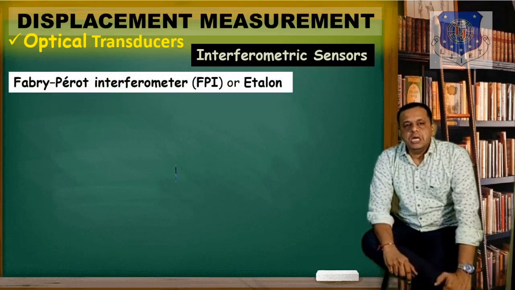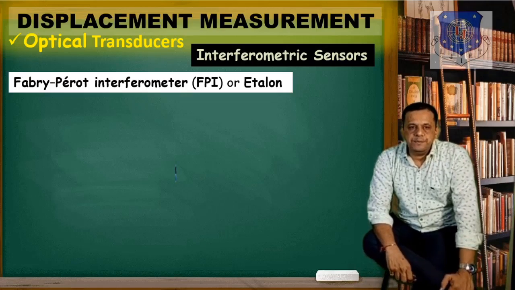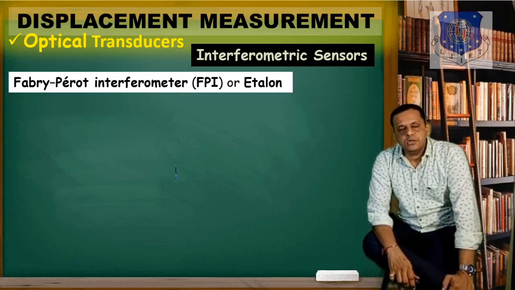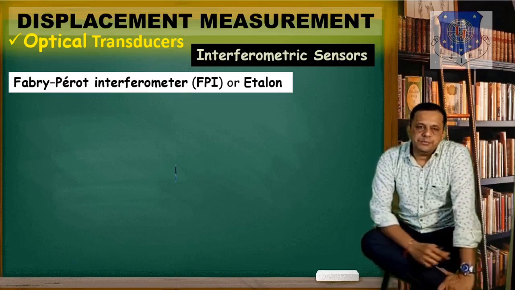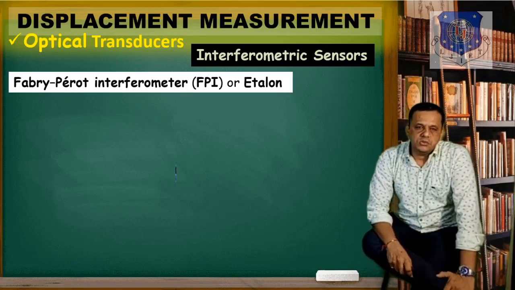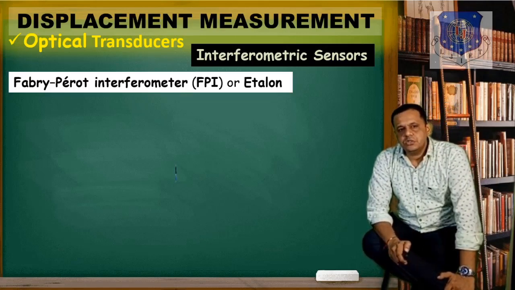Now, the specific type of interferometer, that is the FPI, Fabry-Perot Interferometer. This is one of the important topics for the paper, so we will be looking into this also.